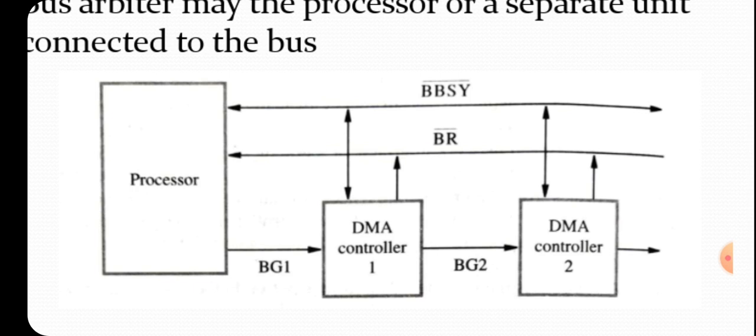And if DMA controller 1 doesn't need the control of the bus, it will simply transfer this bus grant signal to the next device and so on.